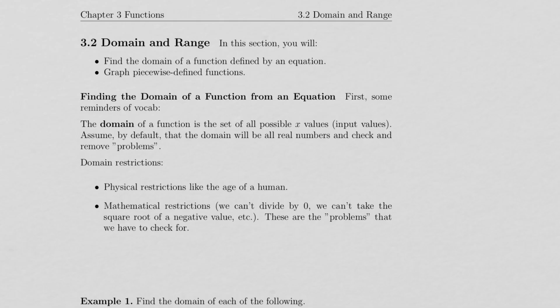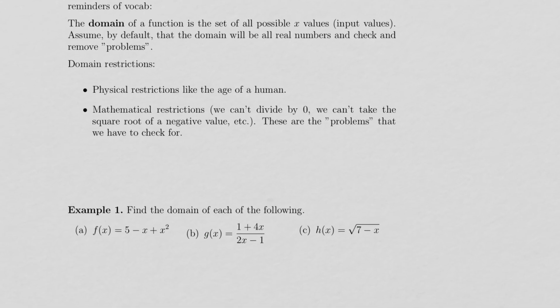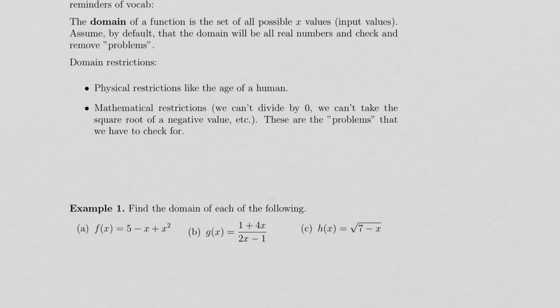And there also could be physical restrictions for the domain. For example, one of them is the age of a human, at least in the year 2026. If the age of the human is the input to some function, well, first of all, it can't be less than 0, right?